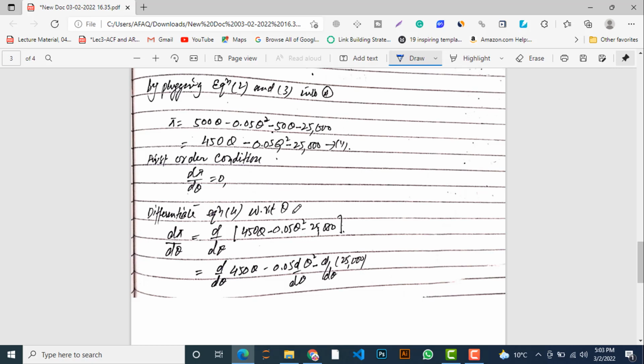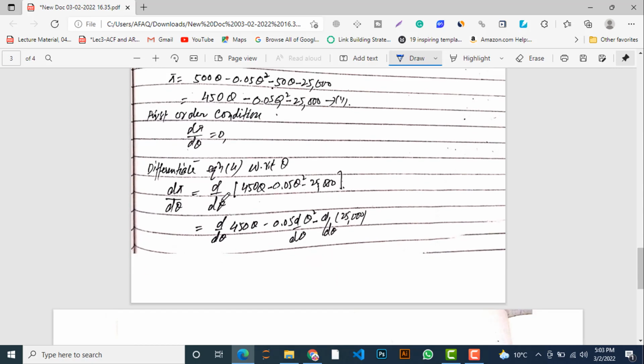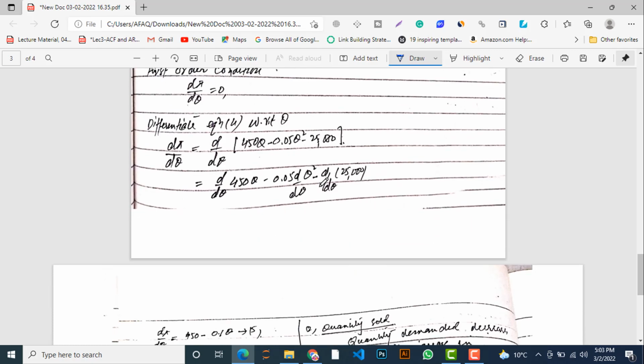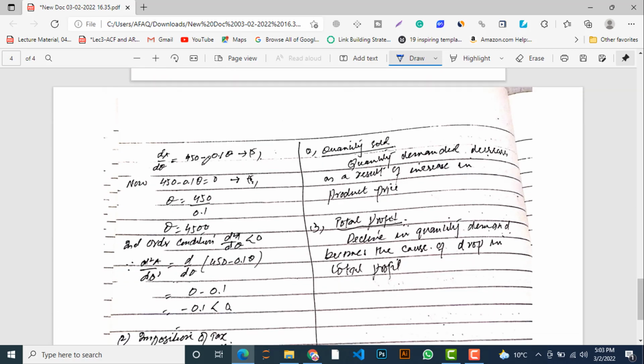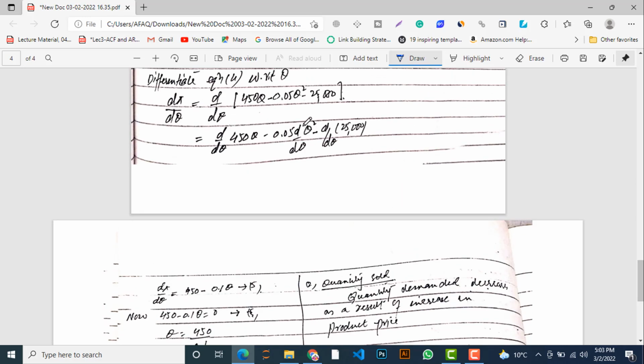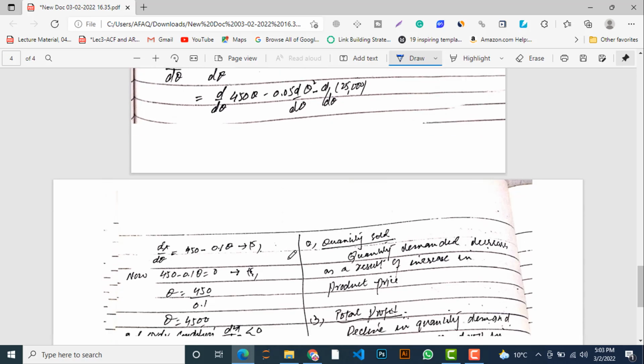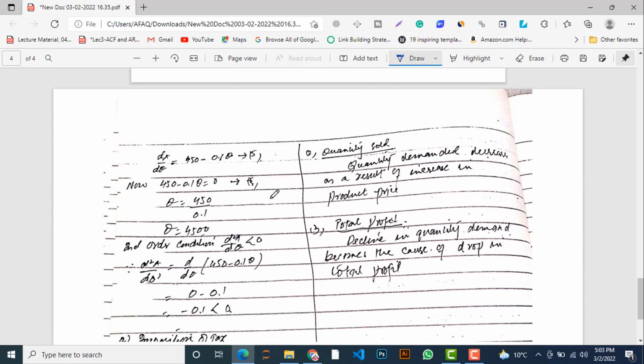Differentiating equation 4 with respect to Q, we get d over dQ of 450Q minus 0.05Q square minus 25,000. So 450 minus 0.1Q, because the power comes down to multiply with the coefficient 0.05, which becomes 0.1, and the power is reduced by 1, which leaves Q. We label it equation 5.